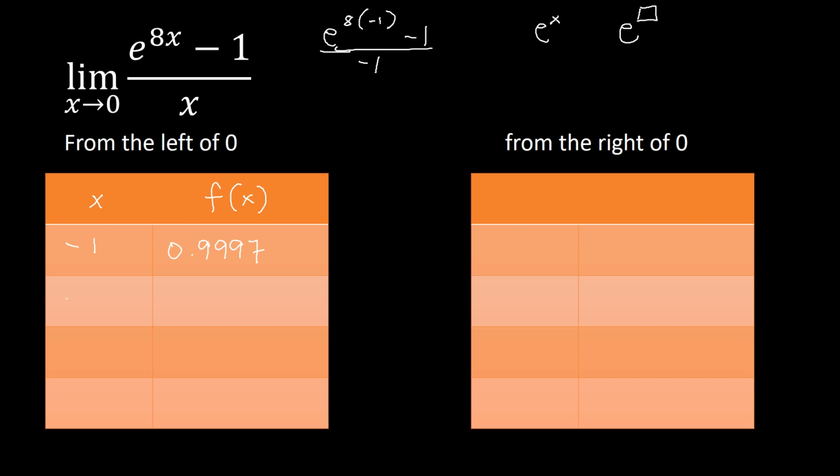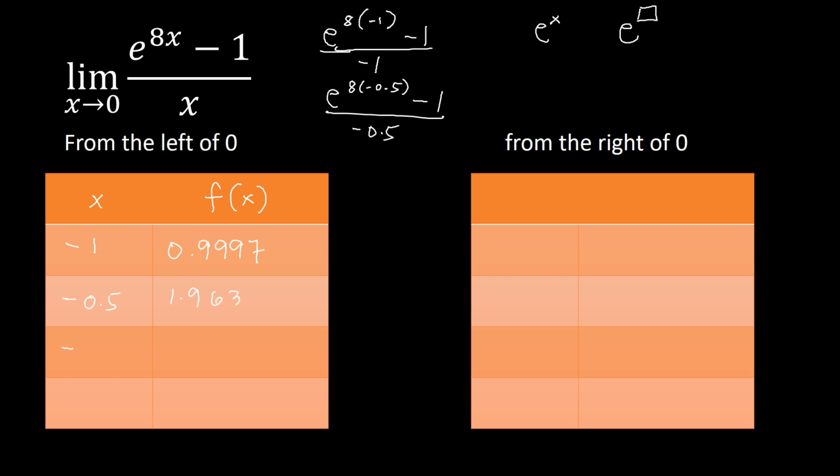Anyways, moving on, we have negative 0.5 as the next one. We're moving closer to 0. Inputting that on the calculator, we have e to the power of 8 times negative 0.5 minus 1 over negative 0.5. That will be equal to 1.963.